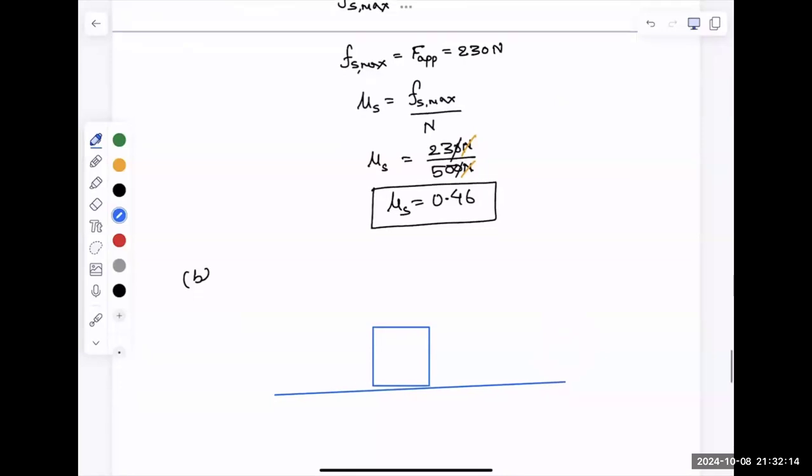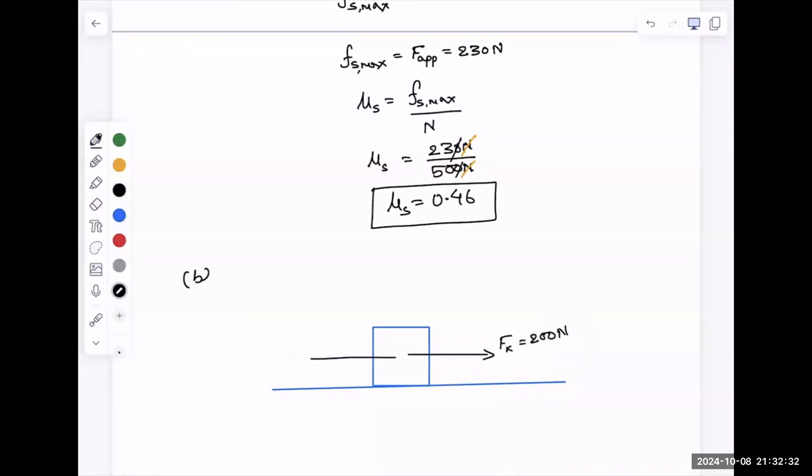Okay, so I have my surface. And in these conditions, I have my kinetic force, Fk, which is 200 Newton. And my friction force, Fk, is mu k times N. Here I have my 500 Newton, and here I have my normal, which is equal to 500 Newton.